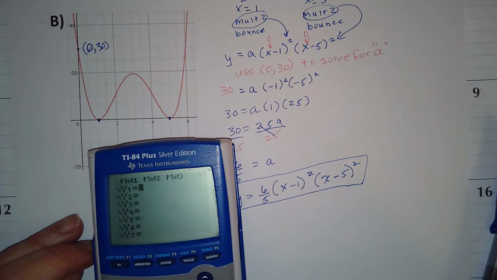So we've got 6 divided by, let's put this in parentheses, parentheses 6 divided by 5, times parentheses x minus 1, parentheses, and then we're going to square it, so to the second power, and then parentheses x minus 5, close our parentheses, and we're also going to square that.